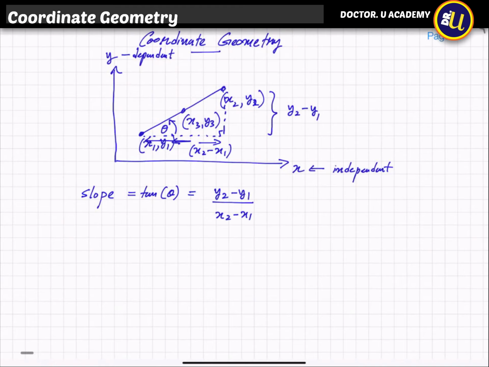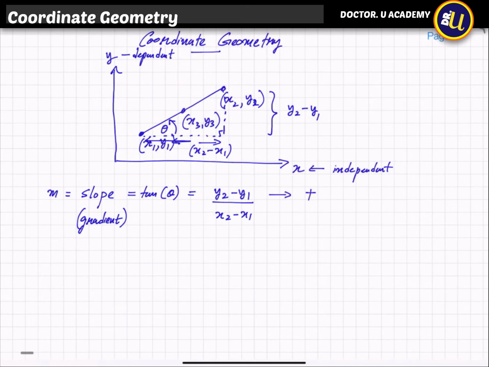Now if you calculate the slope, typically we denote it by m. Sometimes we call it gradient. When you learn calculus, differentiation, you will learn more about it. So this is a positive number.